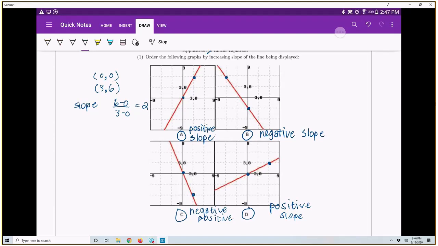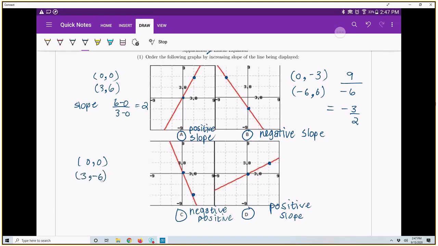For graph B, the points look like 0, negative 3, and negative 6, positive 6. So if I calculate its slope, I get 6 plus 3 is 9 over negative 6. That's negative 3 over 2. For graph C, the points are 0, 0, and 3, negative 6.